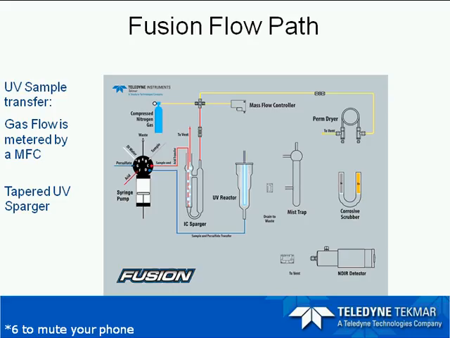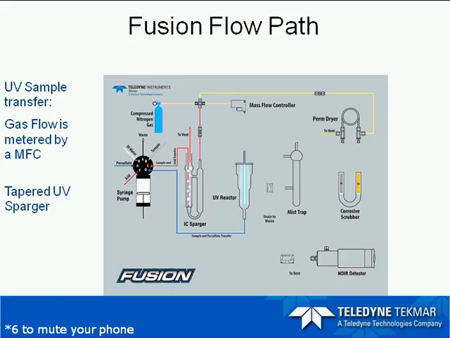Another nice feature with the Fusion TechLink software, which, by the way, controls both the fusion and the torch instrumentation, is that with the detecting software inside the Fusion, you can allow the sample to sit inside the UV reactor chamber for a predetermined, variable amount of time before sparging.